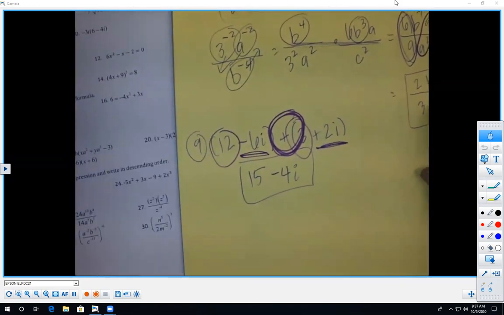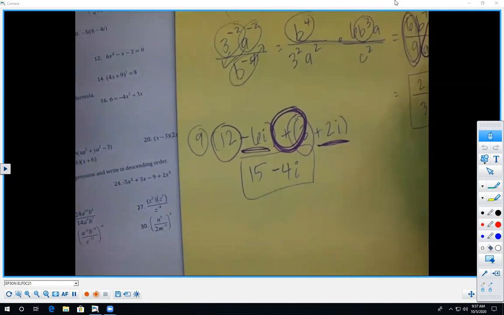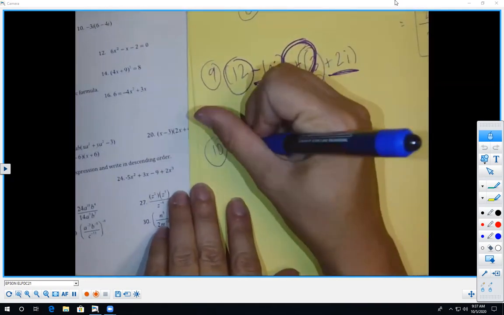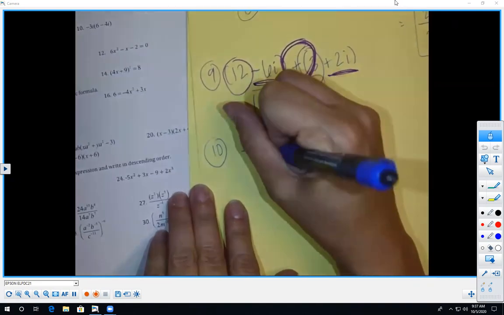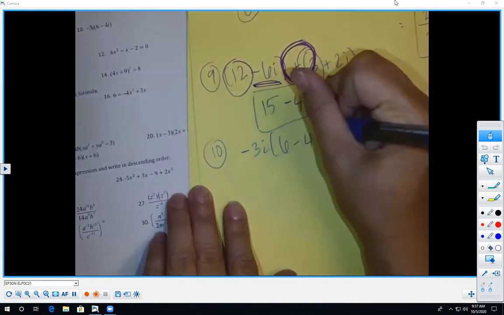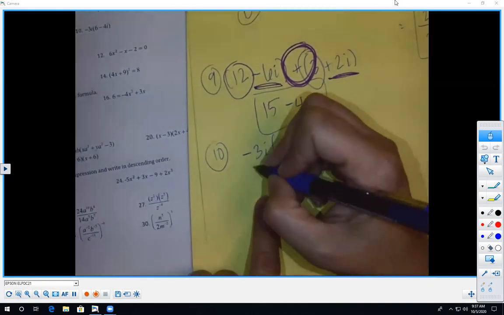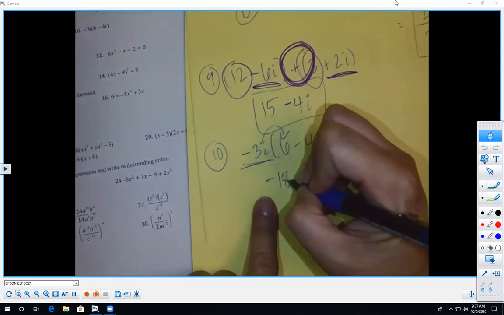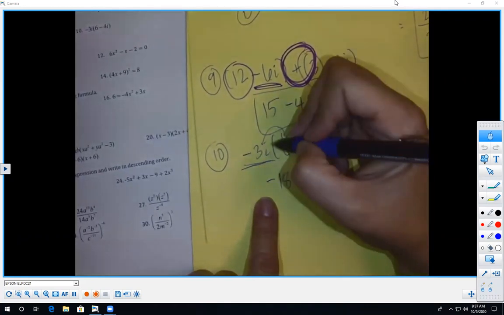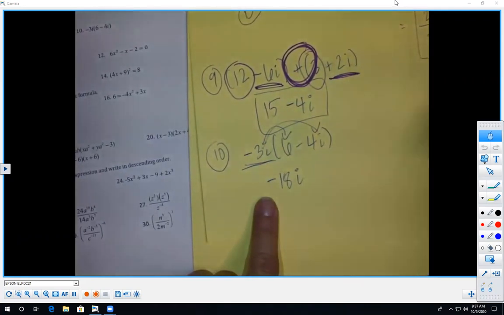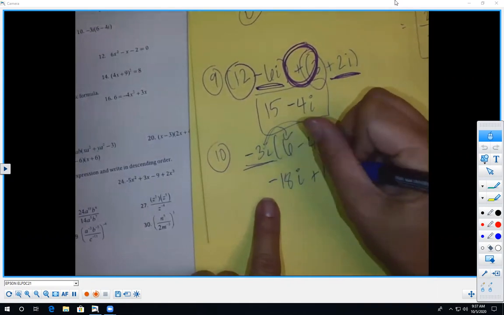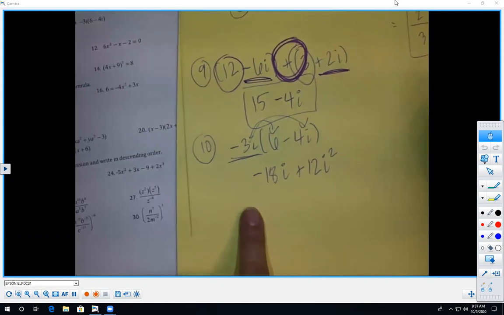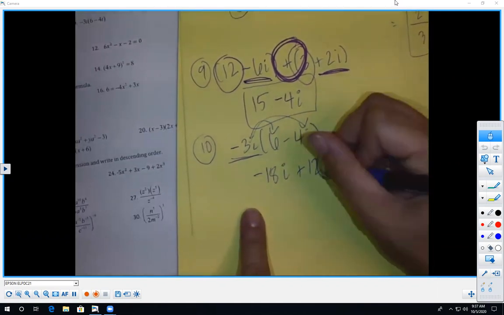Okay, look at number 10. Number 10 is where you multiply and you distribute. Negative 3i times 6 minus 4i. This is where you're distributing the negative 3i. Negative 3i times 6 is negative 18i. Negative 3i times negative 4i is positive 12i squared. Can you leave it with i squared? No, you have to plug in negative 1.